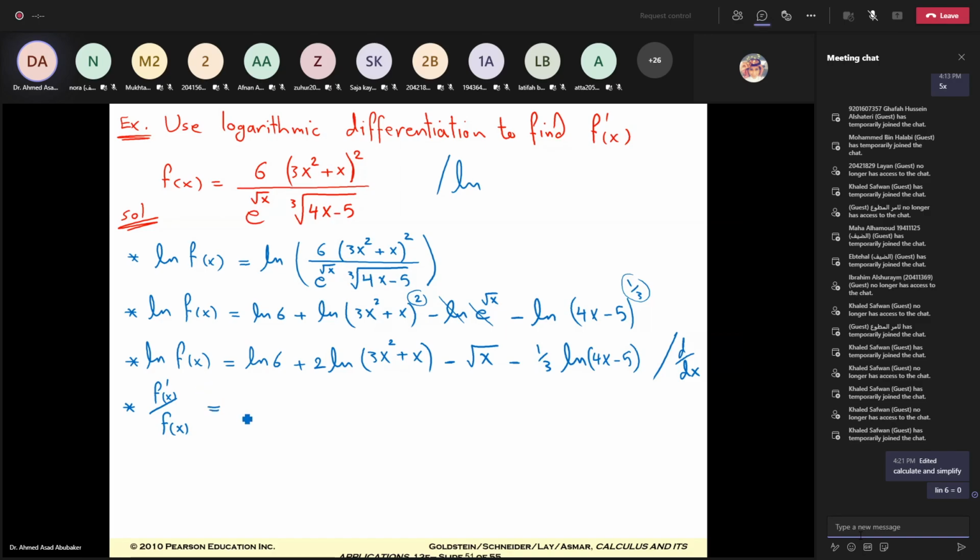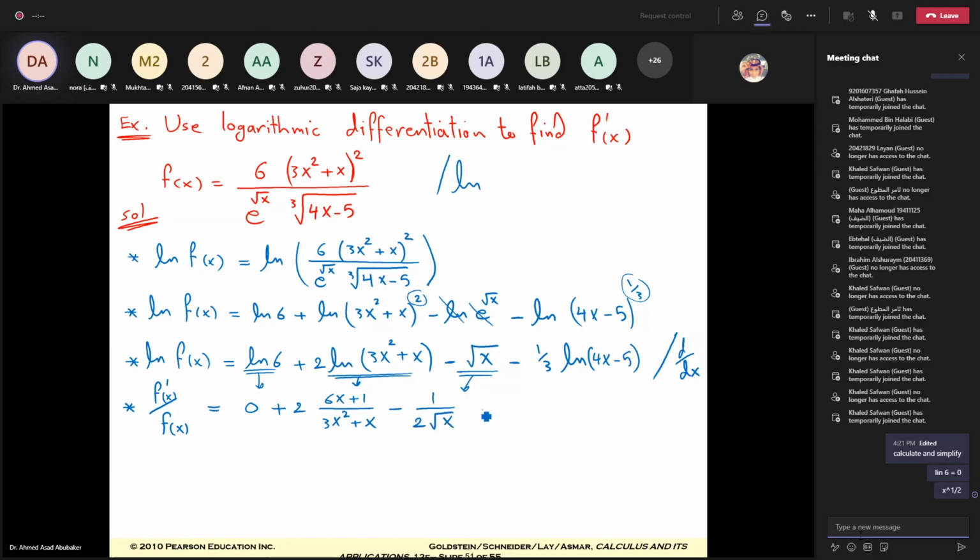What's the derivative of ln 6? 0, this is a constant, plus 2 times the derivative of this one, which equals 6x plus 1 over 3x squared plus x, minus the derivative of radical x, which is 1 over 2 radical x, minus 1 over 3 multiplied by 4 over 4x minus 5.